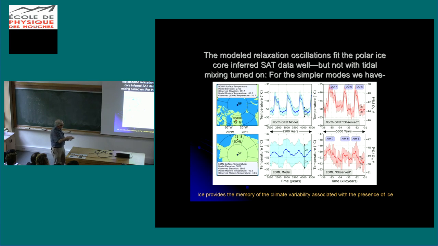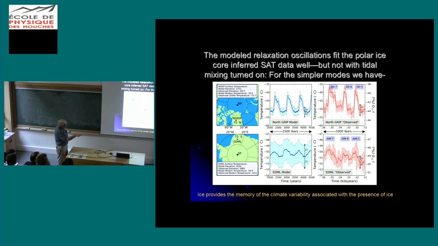The signal is muted by about a factor of 10. So if we've got a 10 degree peak-to-peak variation predicted by the model in Greenland, we've got about 1 degree peak-to-peak in the EPICA Dronning Maud Land core.